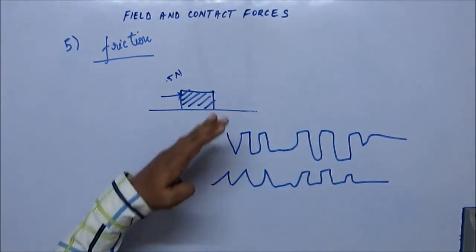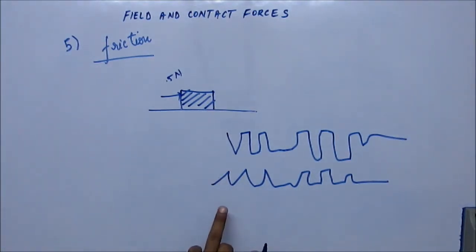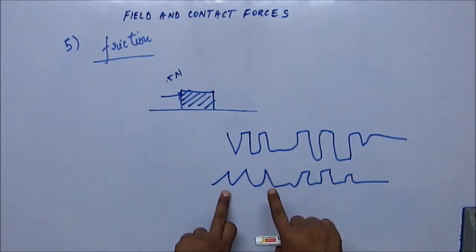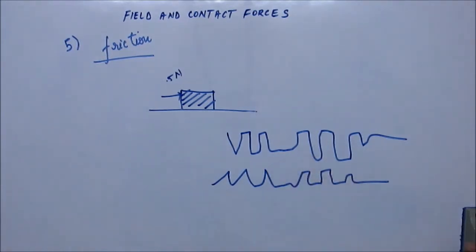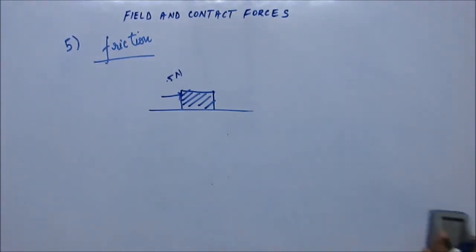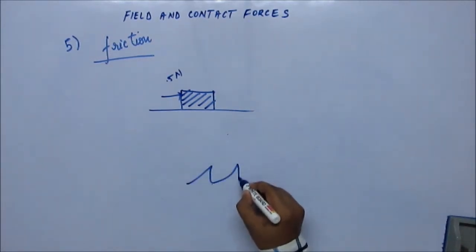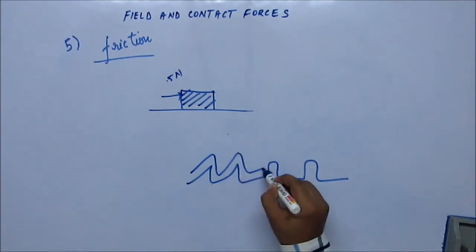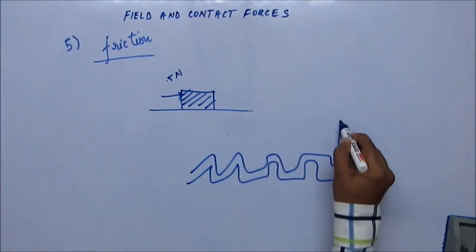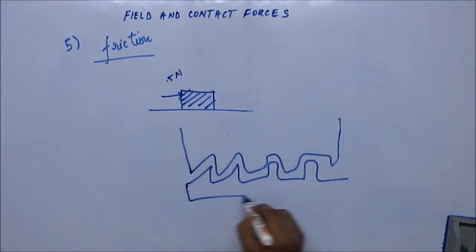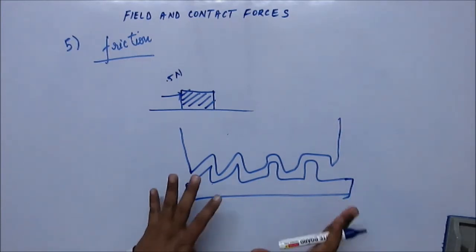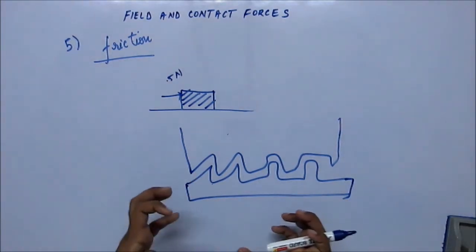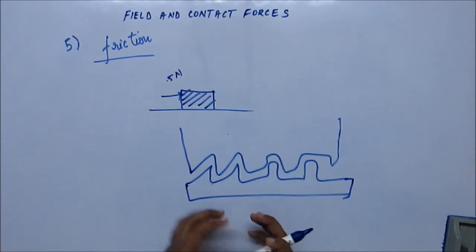And when these two are kept together, there is some interlocking between the spike of this surface and spike of this surface. Maybe the interlocking is like this. So this is the block and this is the floor. So they are actually locked. The spikes of the both surfaces are locked into each other.